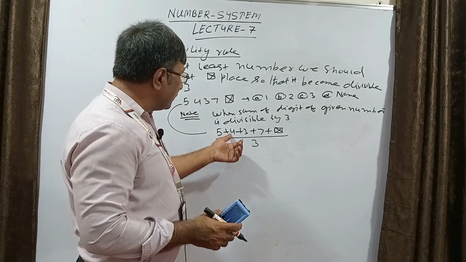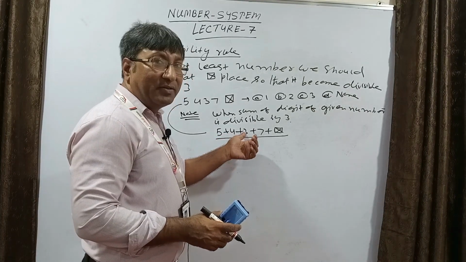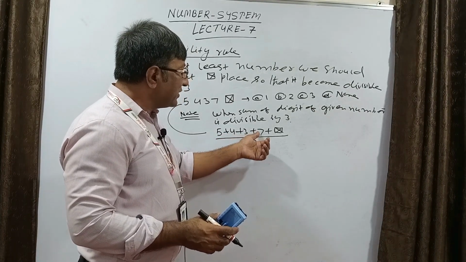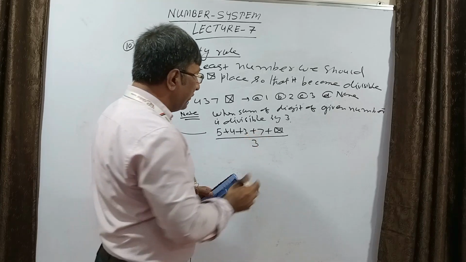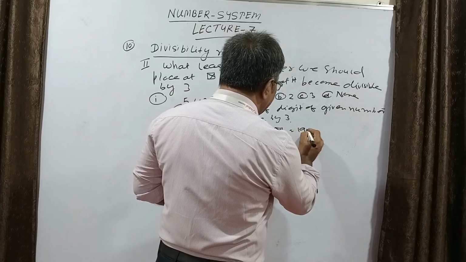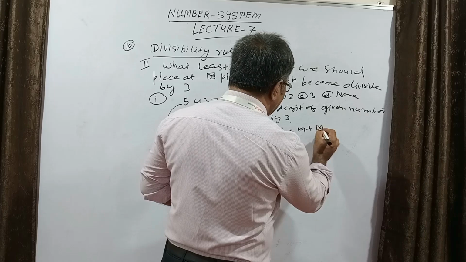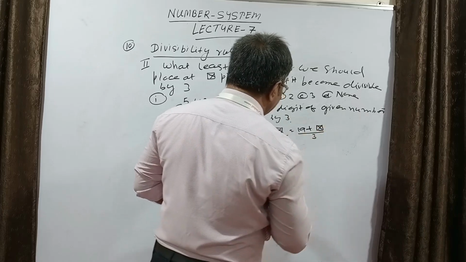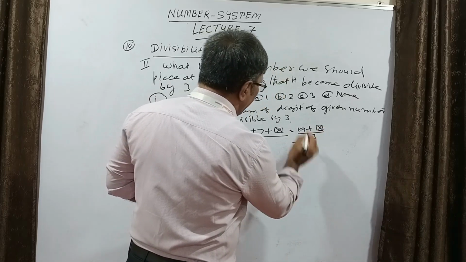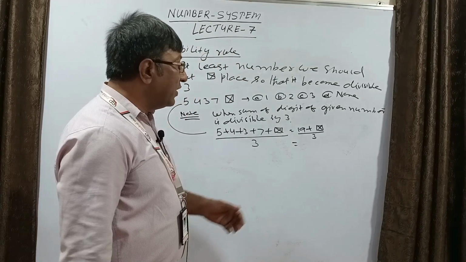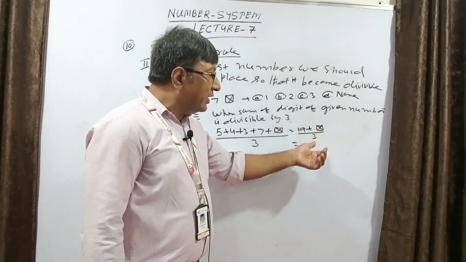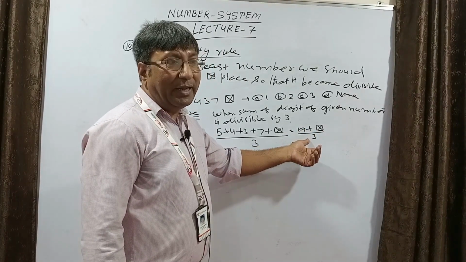So 5 plus 4 is 9, 9 plus 3 is 12, 12 plus 7 is 19. So we got 19 plus the star place, and this should be divisible by 3. Now you see from the options what number we add here so that it becomes divisible by 3.